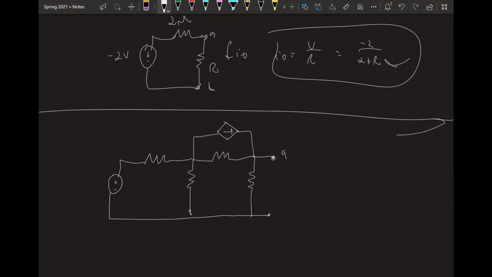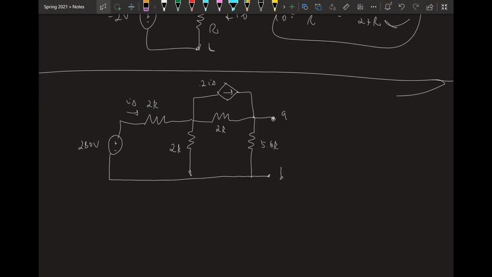I'll draw my values. Okay, so that's the whole circuit. We want to find the Thevenin equivalent.